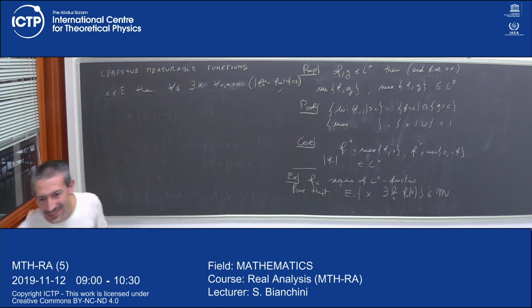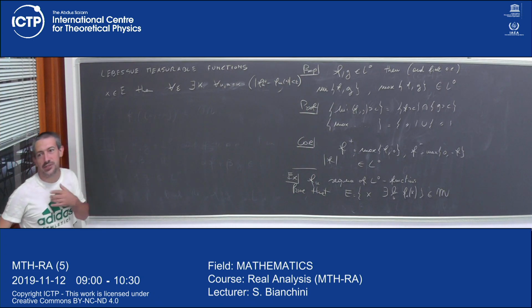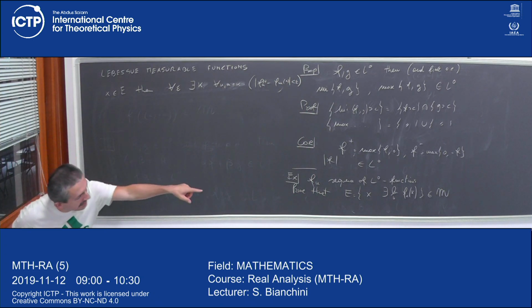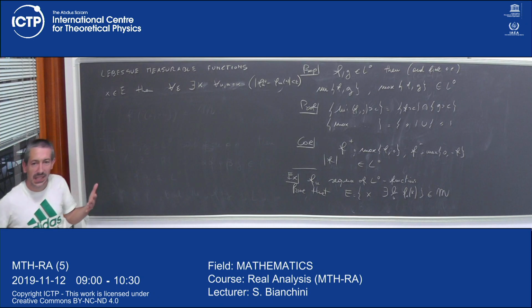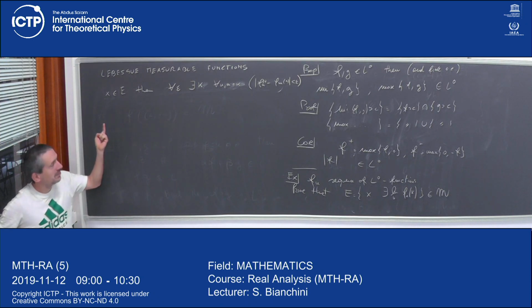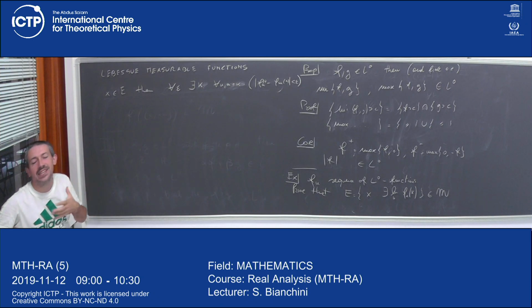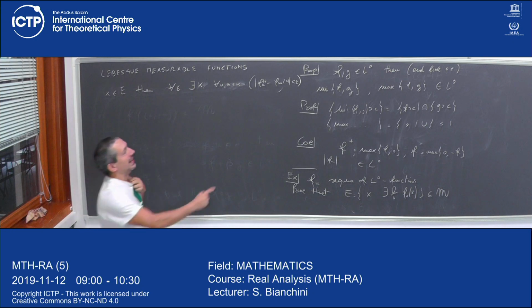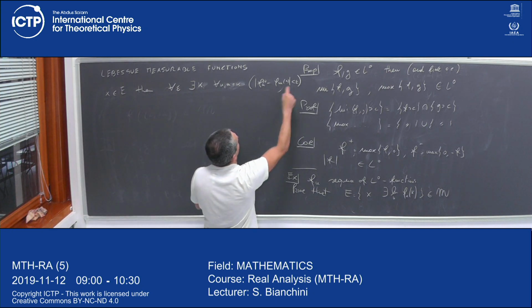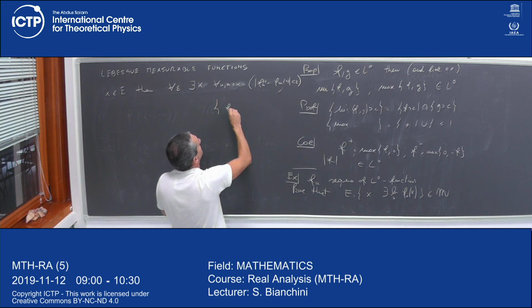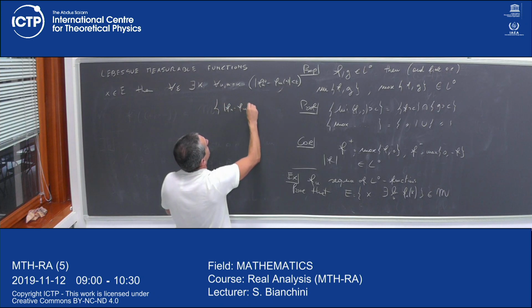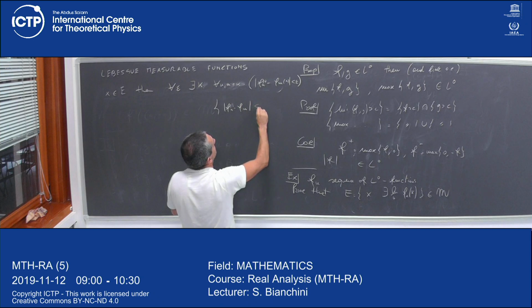And now the translation. I need just to translate this logical proposition into a set formula. This one is the set of all the x such that this quantity is less than epsilon.